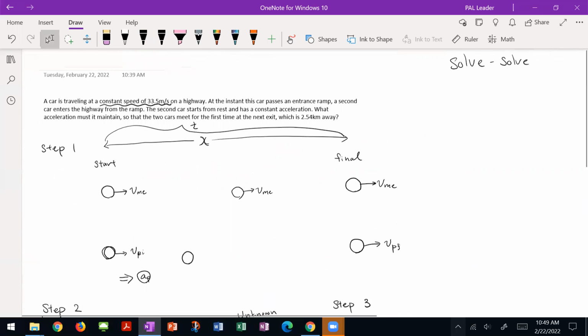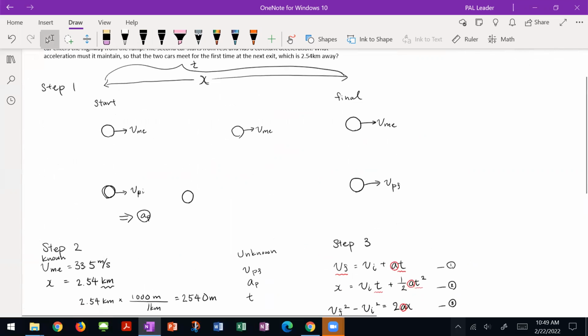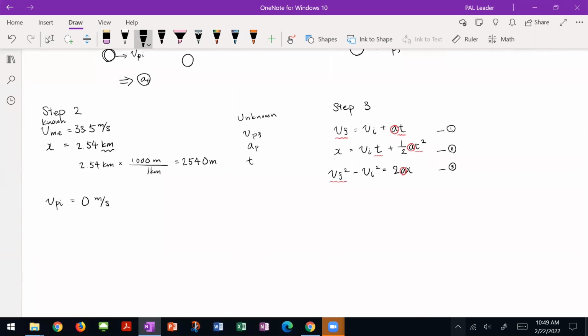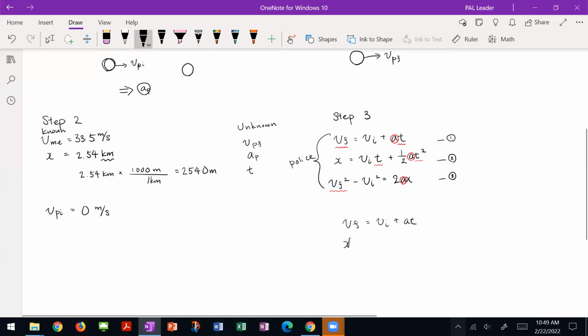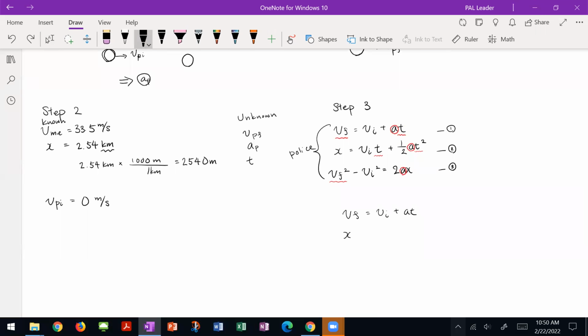So if we want to look at these equations for us, let me actually rewrite these. So this is going to be for the police, and this is going to be us evaluating the equations with respect to our motion.